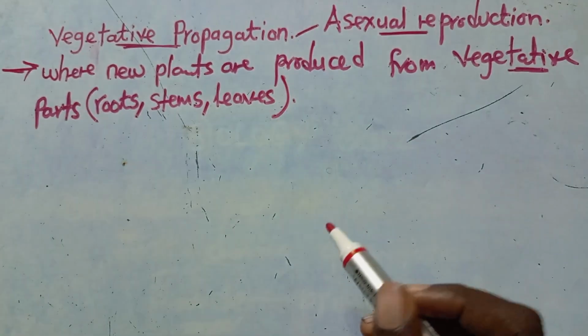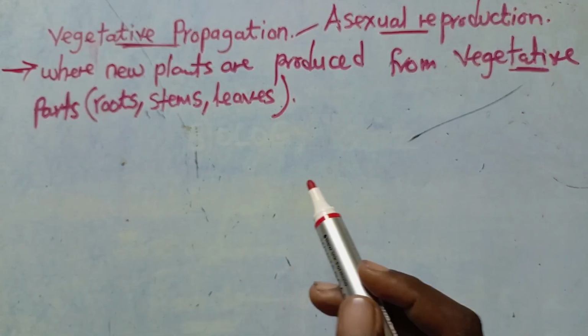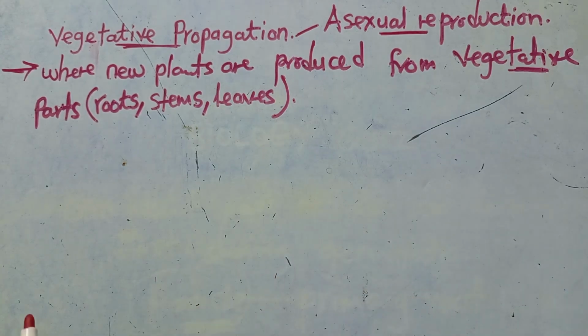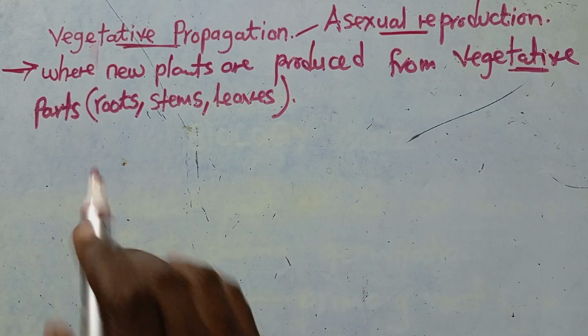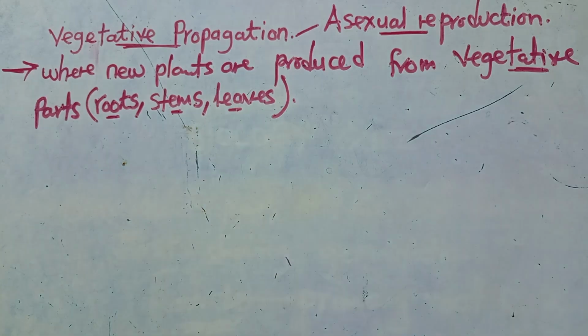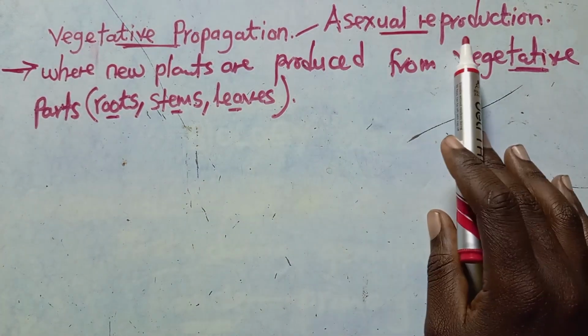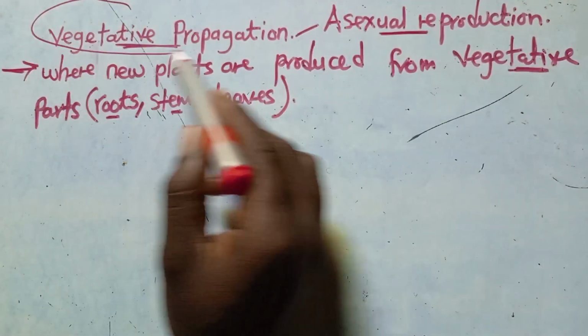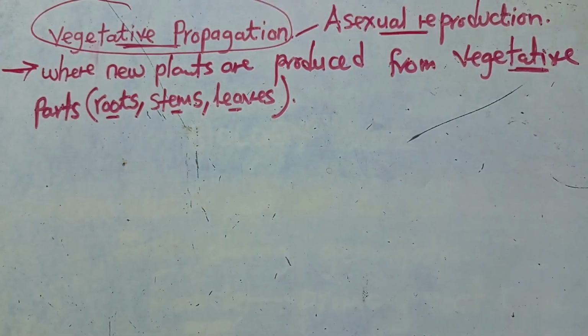So when we talk about a type of reproduction where new individual plants are produced from roots, stems, and leaves, it means that process has everything to do with asexual reproduction, and to be specific, this is vegetative propagation.